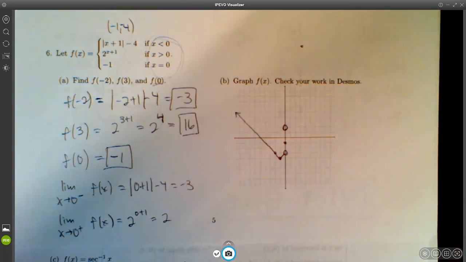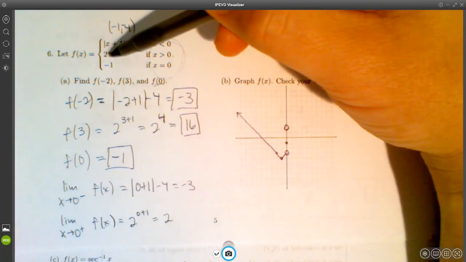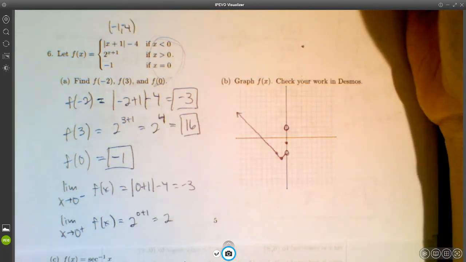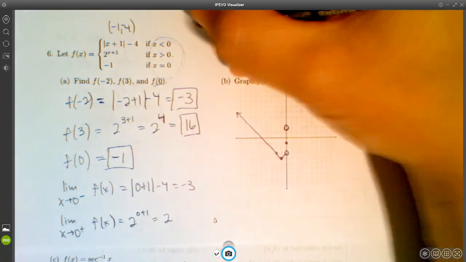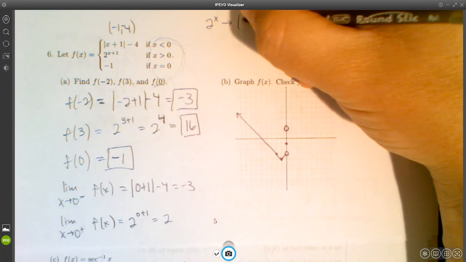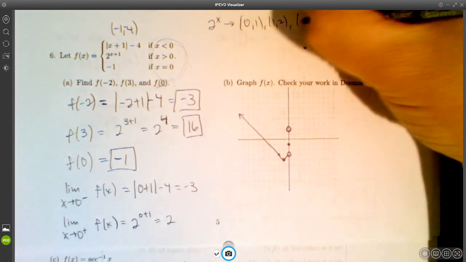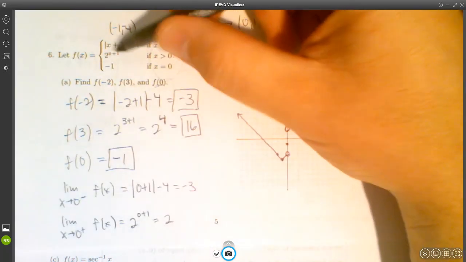What does the right-hand side of the graph look like? Well, the right-hand side of the graph is going to be 2 to the x plus 1. This is an exponential function that's been shifted left 1 unit. So 2 to the x would go through 0, 1, 1, 2, negative 1, 1/2. But this thing has been shifted left 1 unit.